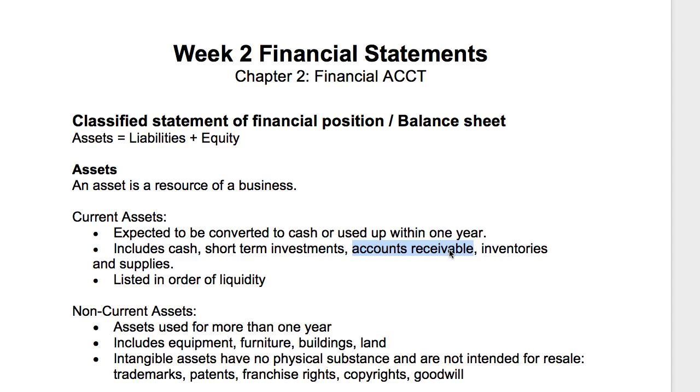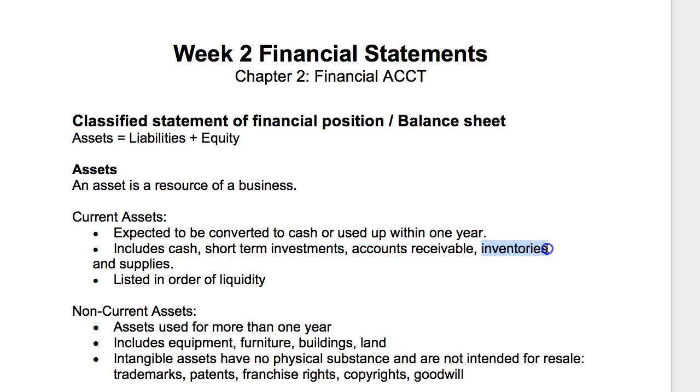You're still waiting to collect the cash from your customer. Usually, you will ask your customer to give you the money within 30 days or 1 week, for example. In that case, you will collect the cash from your customer. So this accounts receivable is then converted to cash, and this should be pretty quickly.